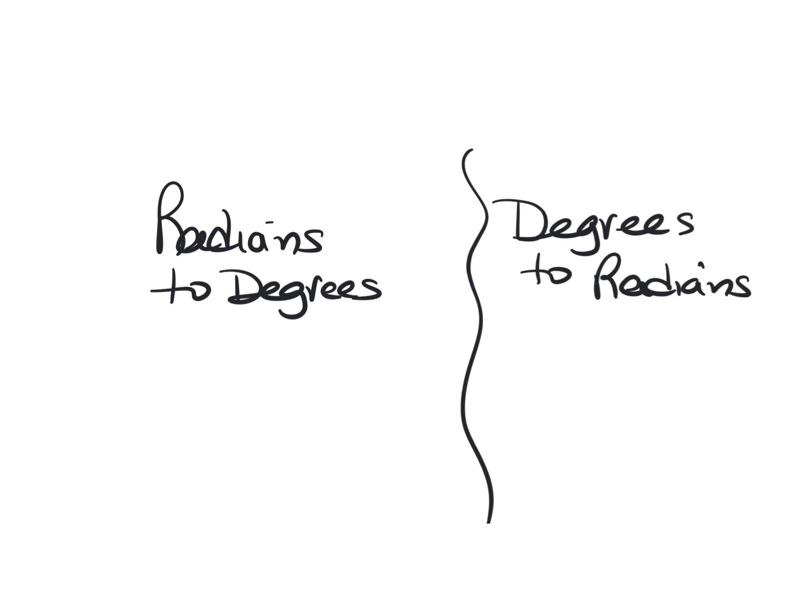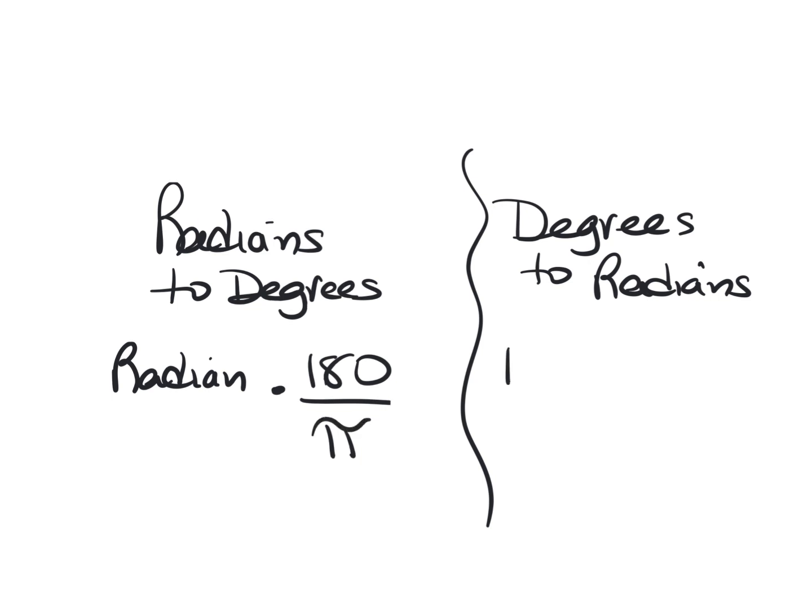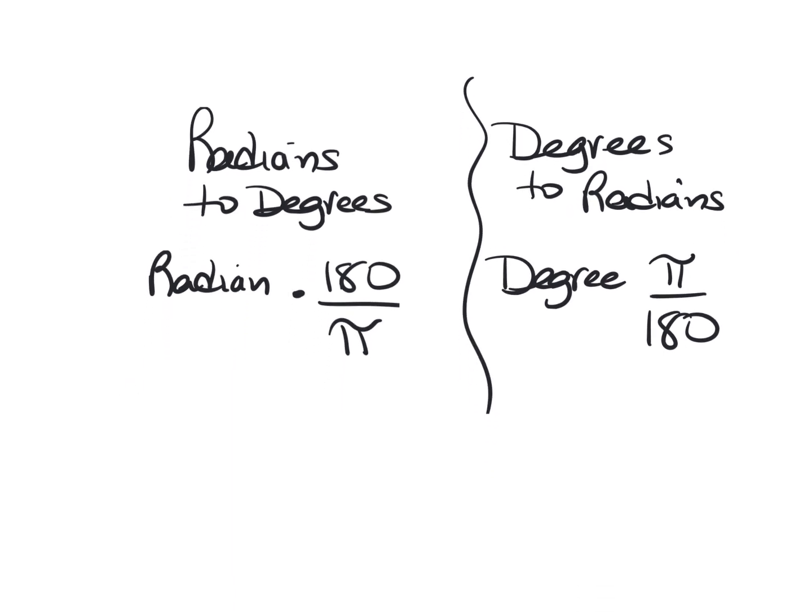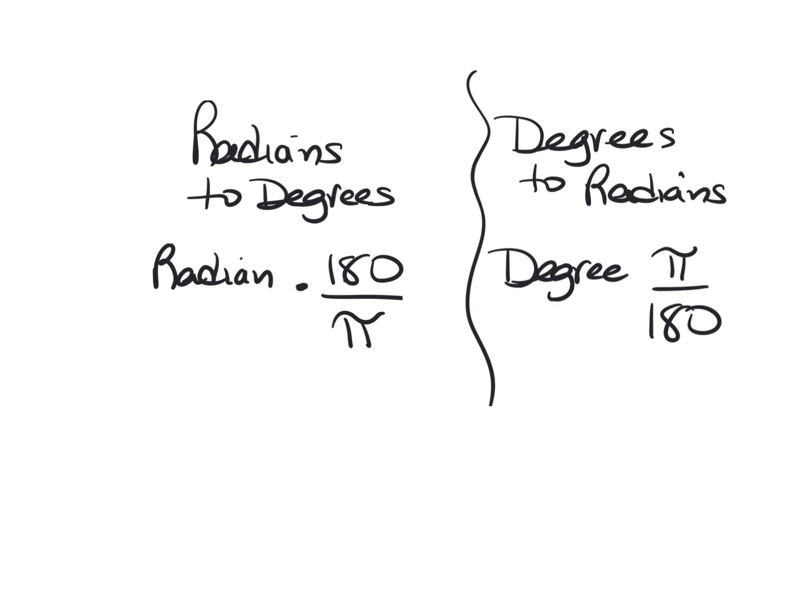So when I want to convert from a radian measure to a degree, I'm going to multiply that radian measure by 180 over pi. When I want to convert from a degree to a radian, I multiply it by pi over 180. For the degrees to radians, I want it as a simplified fraction. I'm going to do an example of each. So you're memorizing this conversion ratio.